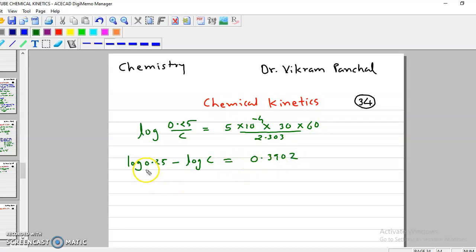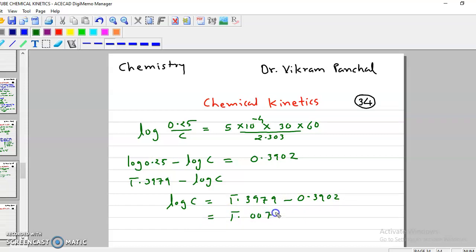Now you know log 0.25 is bar 1.3979, minus log C. Then log C is equal to bar 1.3979 minus 0.3902, so that is equal to bar 1.0072.